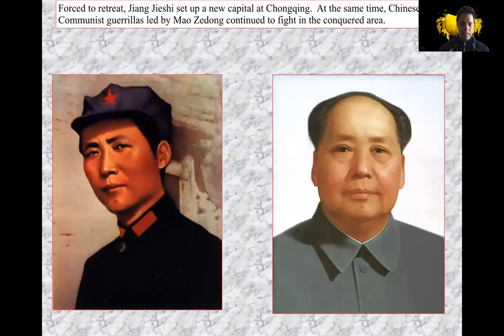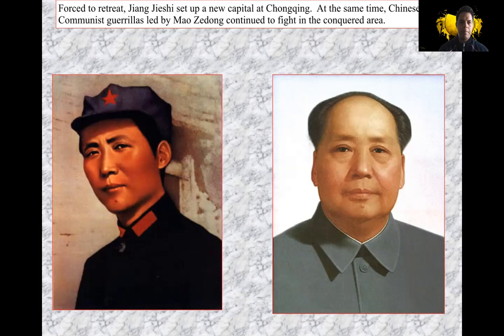Now, basically there were two people that came to strong prominence here, and these will play major roles in Chinese history later on. First off, the forced retreat led by Jiang Jieshi set up a new capital of Chongqing, and at the same time, many people felt that they had been abandoned by the nationalist Chinese government.